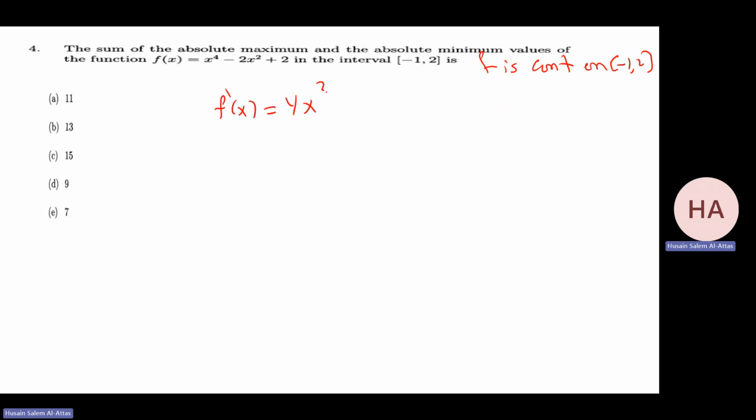Now find f prime. That will be 4x cubed minus 4x. Critical numbers. F prime at c, 4c cubed minus 4c. Well, I can simplify: 4x, x squared minus 1, 4x, x minus 1, x plus 1.